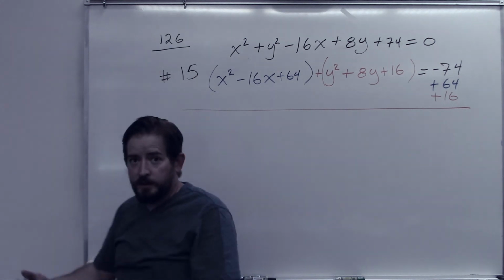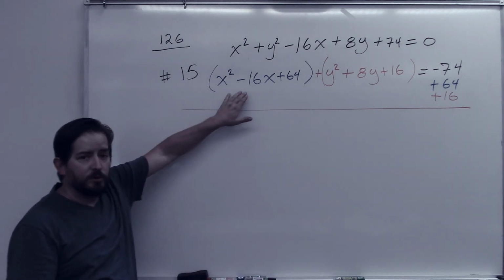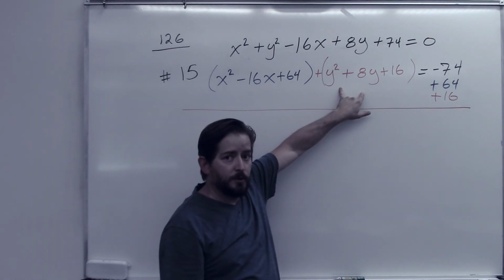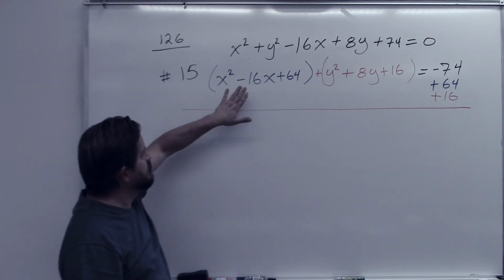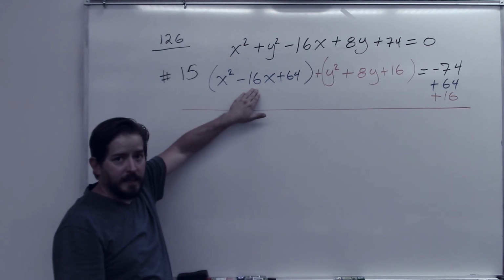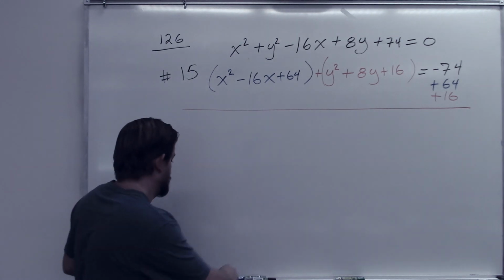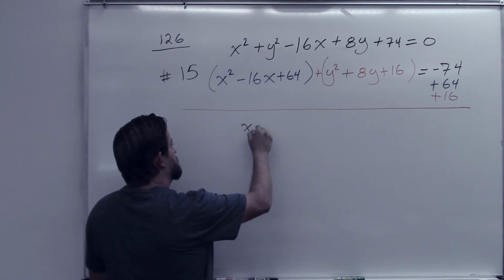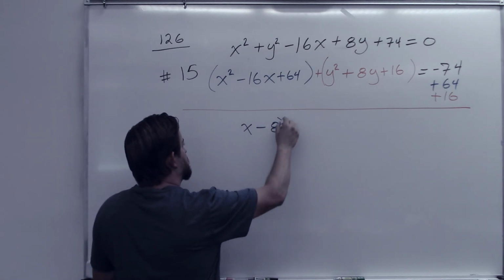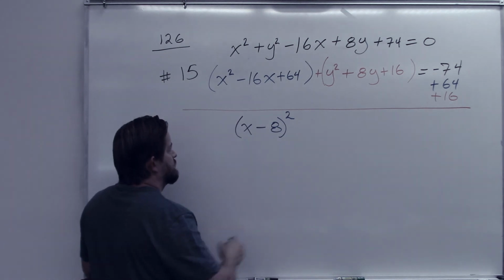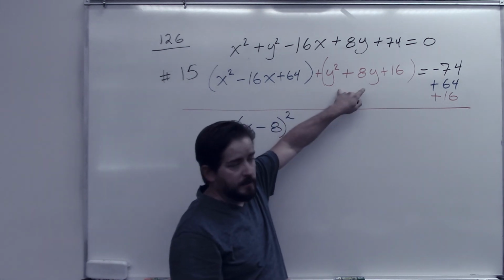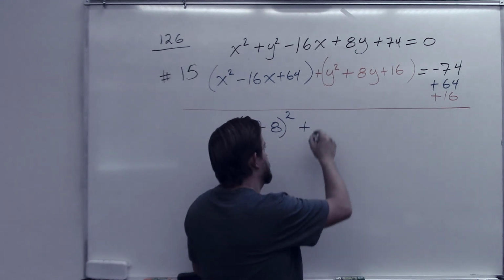And I've then completed the squares. What's in blue here is a perfect square trinomial. What's in orange here is a perfect square trinomial. That is to say that this is x minus 8 times x minus 8, which I can then write as x minus 8 squared. Plus, the orange one is y plus 4 squared.